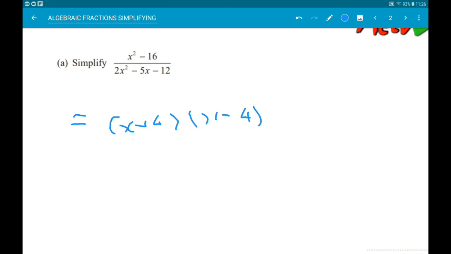And on the bottom, it might look a bit scary because of the 2x squared, but that gives us a clue. That tells us one of the brackets is going to need a 2x and the other is just going to have an x.